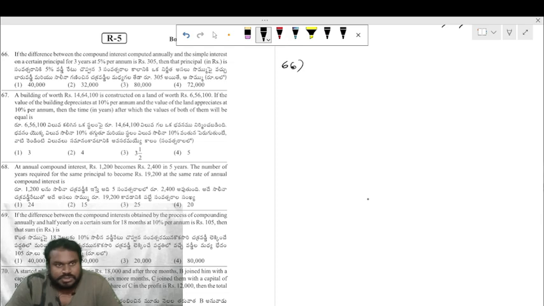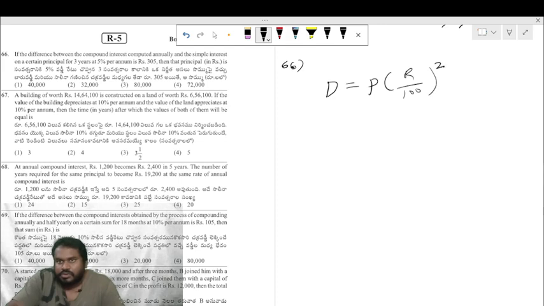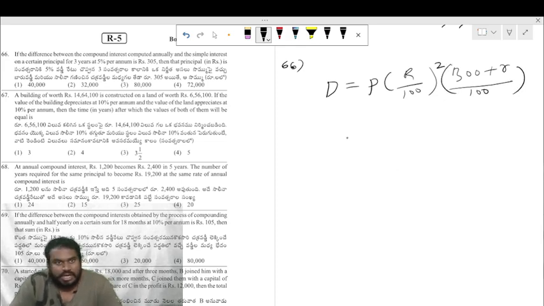Find the principal. If this type of question is given, there is a formula: the difference equals P into (r by 100) squared times (300 plus r) by 100 for 3 years. Otherwise, without this formula, it will be a very lengthy problem.